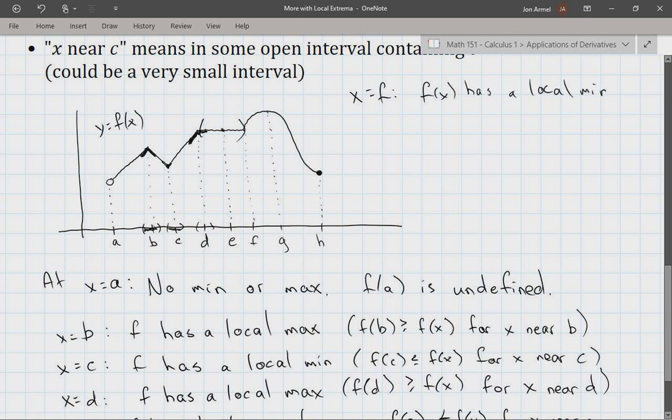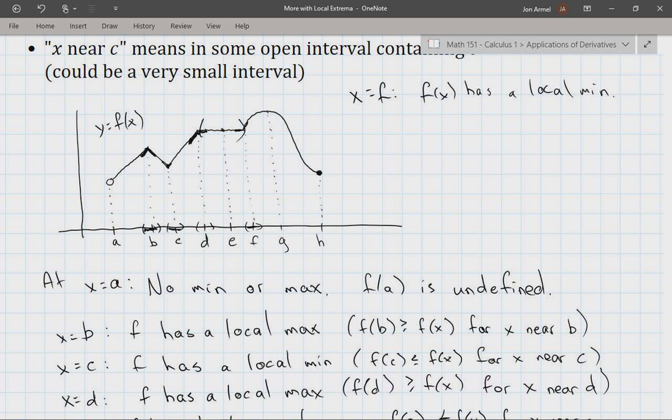So again, we look at a little interval around f, and on the left, the function is equal to f of f. And on the right, the function is greater than f of f. So yeah, I guess I shouldn't have used f for my input value, but you get the idea.